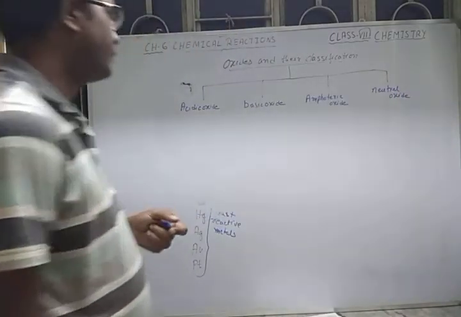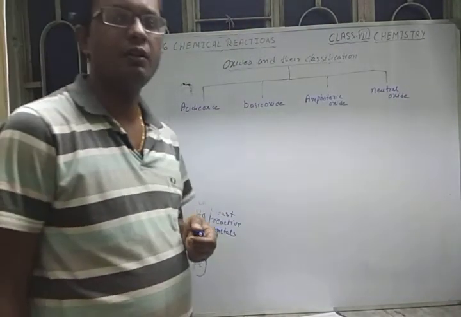What are acidic oxide, basic oxide, amphoteric oxide and neutral oxides?